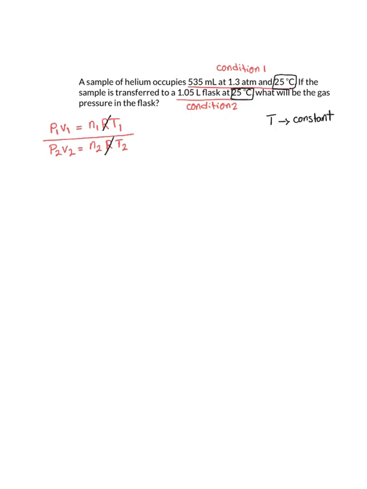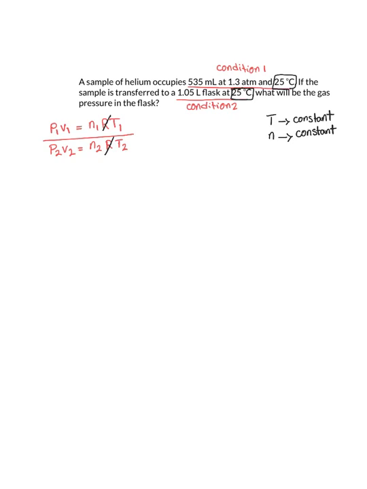Also, we transferred the whole sample of helium to condition 2. That means the number of moles is also constant. We transfer the same amount of sample and molecules to condition 2.